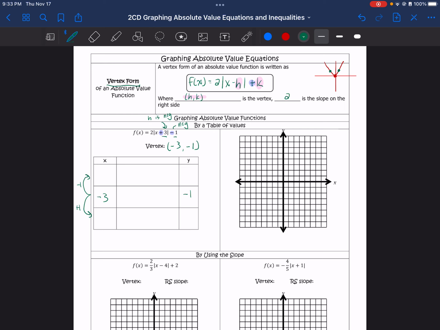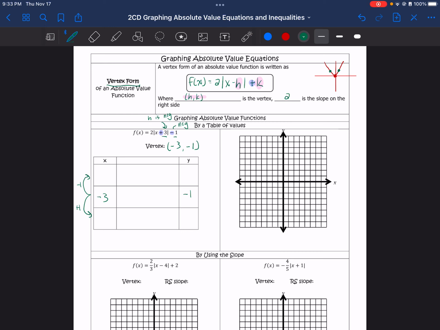Because we are looking to see points on the positive side and points on the negative side. So we're going to go towards the negative direction by subtracting 1 from our vertex, and we're going to go towards the positive section by adding 1 to our vertex.